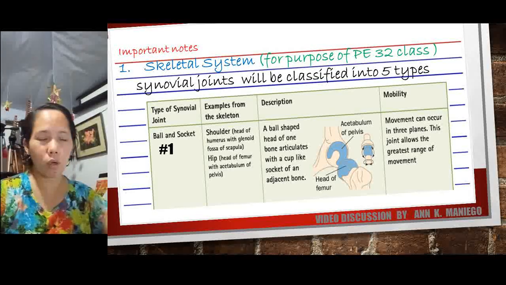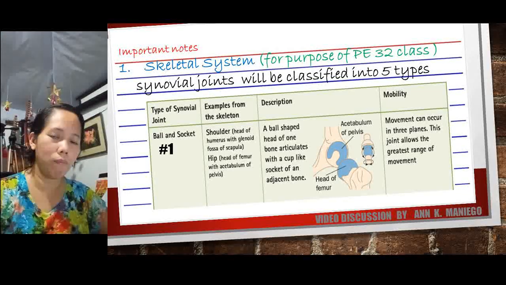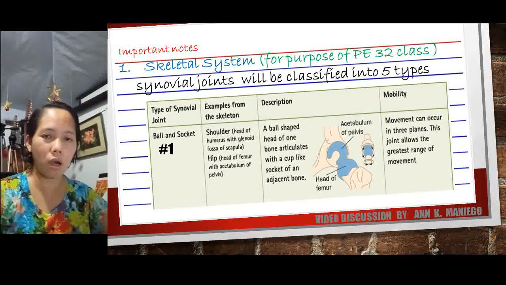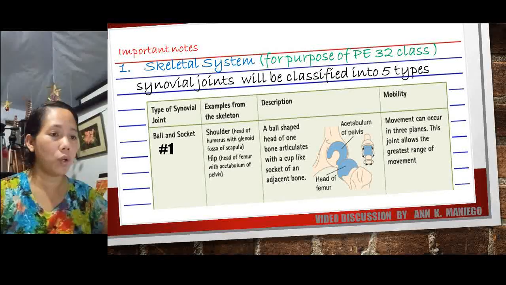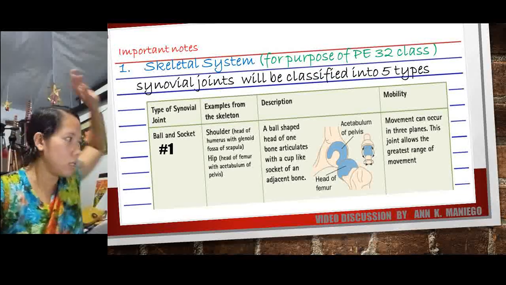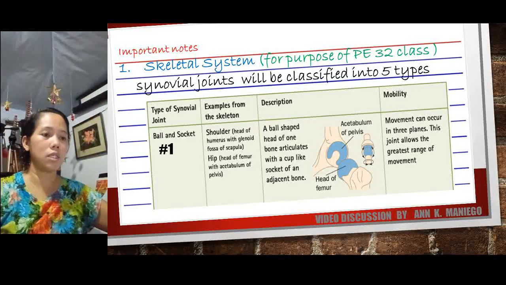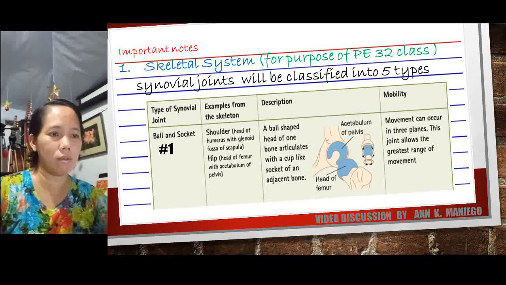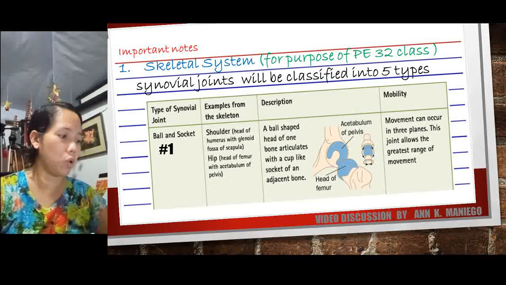So even more kung anad ang imong lawas sa inana nga mga stretch nga makaya nimo og palihok in different angle ang imuhang upper or lower extremities. So the joint that is responsible for movements like that, nga ma-maximize nimo tanan nga direction, is the ball and socket type of synovial joint.